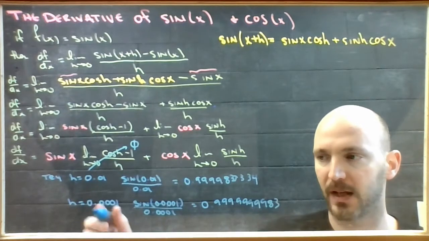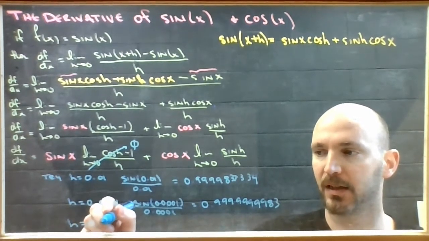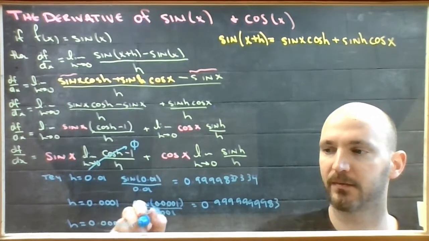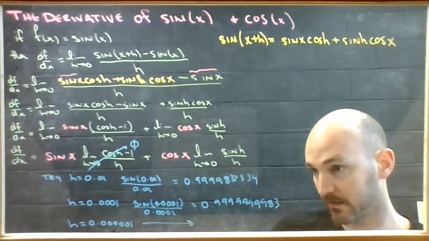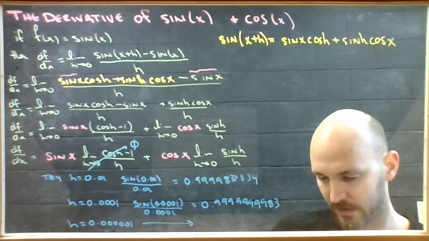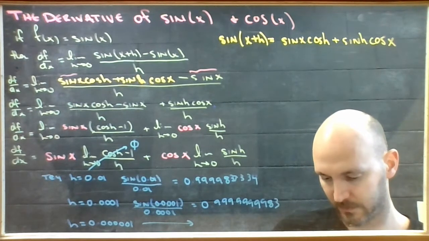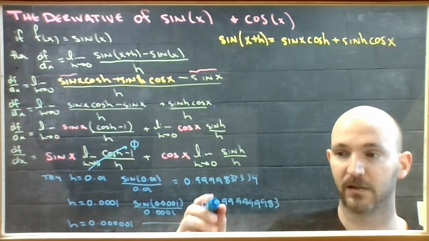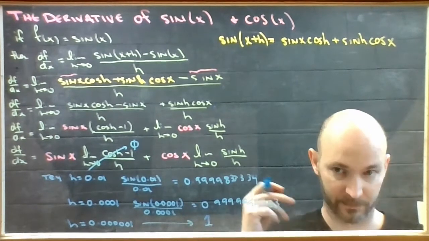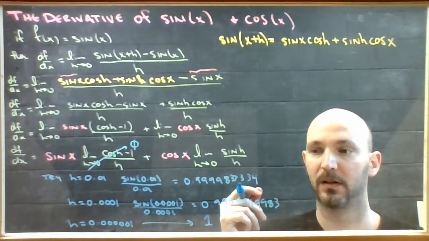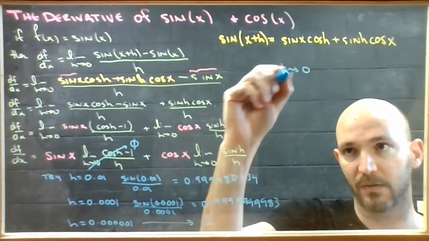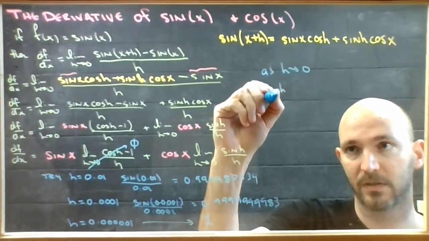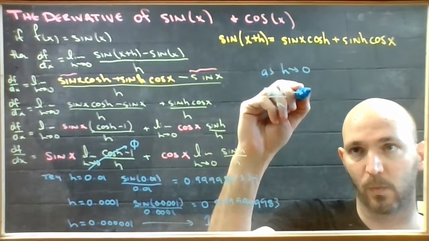Just to confirm that, you always do three lines, so I'm going to drop 0.00001 into the calculator. Sine of 0.00001 divided by 0.00001 gives me 1, at least that's what my calculator rounds it to. So what I've got there is that as h goes to 0, sine h over h goes to 1.